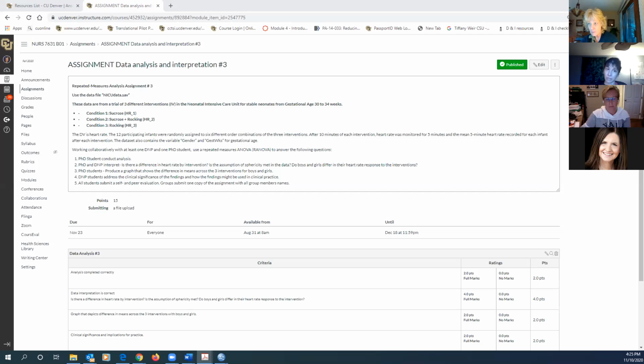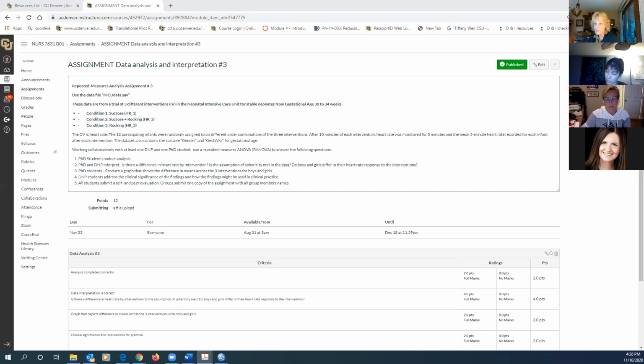The second part of it is, is the assumption of sphericity met? And then, do boys and girls differ? So the second part of the analysis you have to run is the trial by gender.